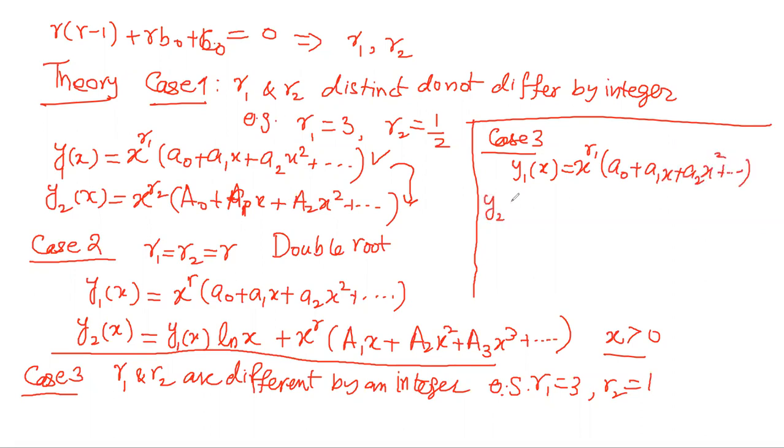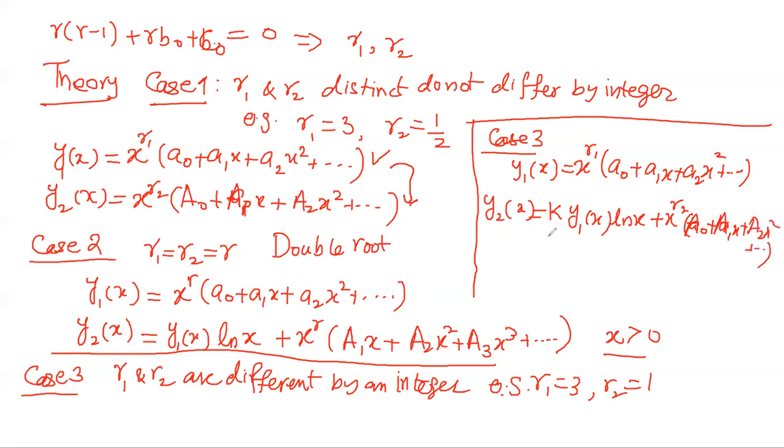However, y2 will be equal to k times y1 of x log of x plus x power r2 into capital A naught plus A1 of x plus A2 of x square and so on.